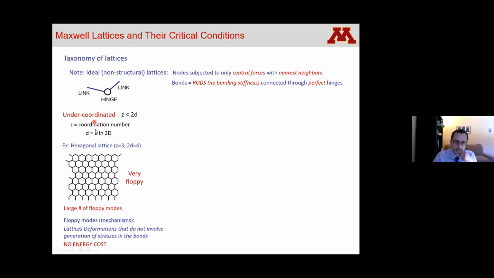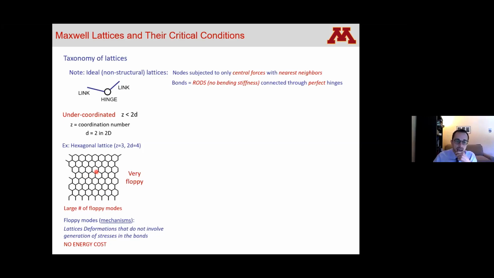And under-coordinated lattices are known to be very floppy, very soft. Or to be more precise, they allow a large number of floppy modes. By floppy mode, I mean what in engineering mechanics we more often refer to as a mechanism. So that is a lattice deformation that does not involve any generation of stresses in the bonds. In other words, a lattice deformation that does not cost any energy.